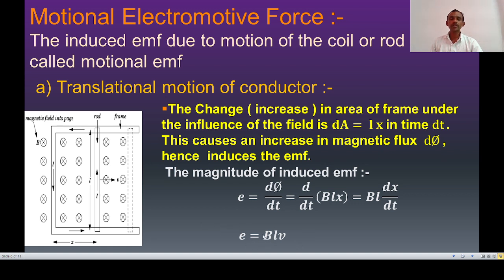Therefore this is the equation for the particular case, E is equal to B L v. Here the angle between v and B is 90 degrees, and this EMF will be maximum, E is equal to BLv.